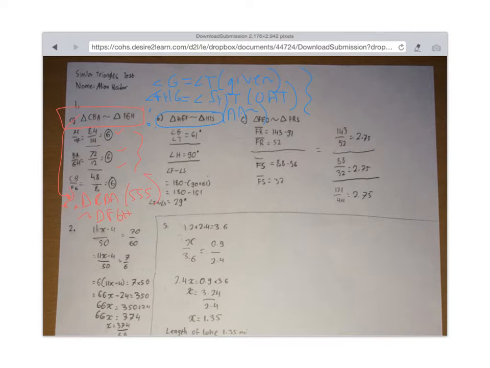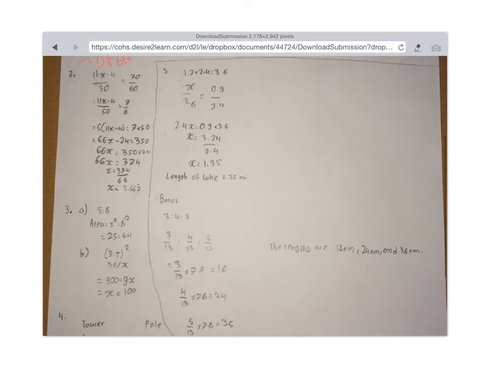Now for question 2, you're really on the right track. Unfortunately, what happened here is that the numbers 50 and 60 are in the wrong spot. 60 should be here and 50 should be here. It's really important that you follow the order of the letters.